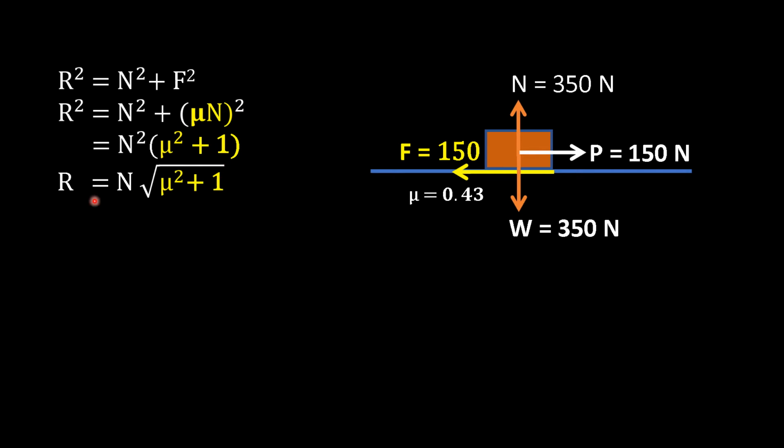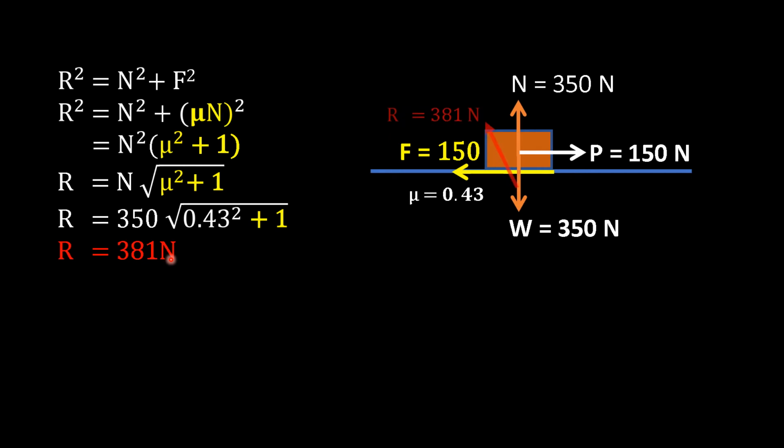Taking square root, R equals N times under root mu squared plus 1. Substituting the values 350 for N, 0.43 for mu, we get resultant R equals 381 Newton, which we show here.